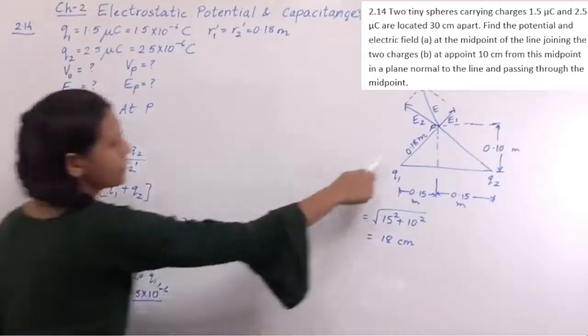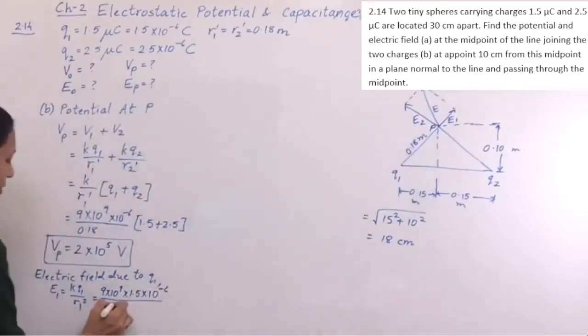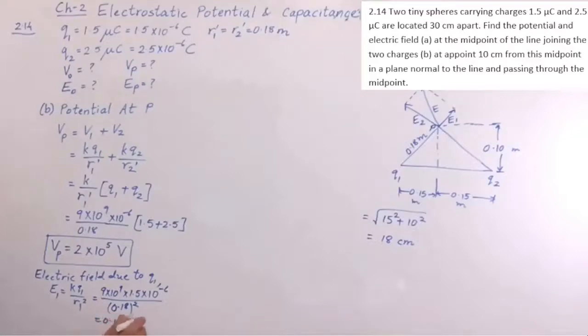There you can see 0.18 square. So the answer will be 0.42 into 10 raised to 6 Newton per Coulomb or volt per meter. E1 is this.